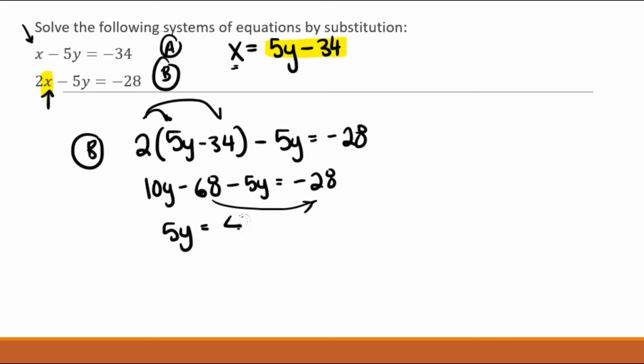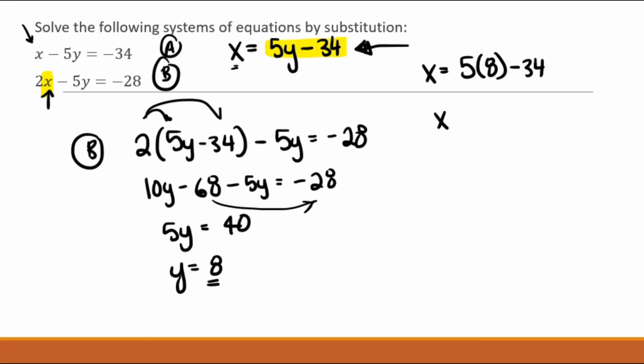I'm going to go back up here and solve for x. X equals 5 times 8 minus 34. 40 minus 34 is 6. I am proposing that the point of intersection of these lines, where they cross, is 6, 8.